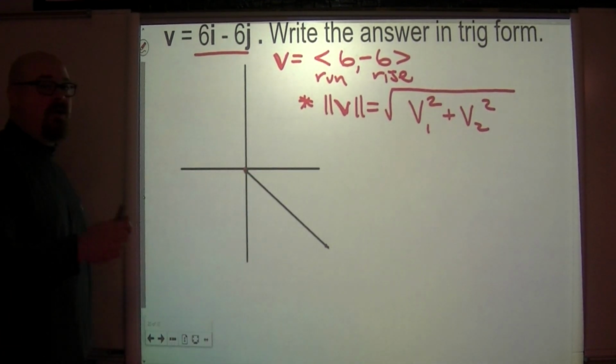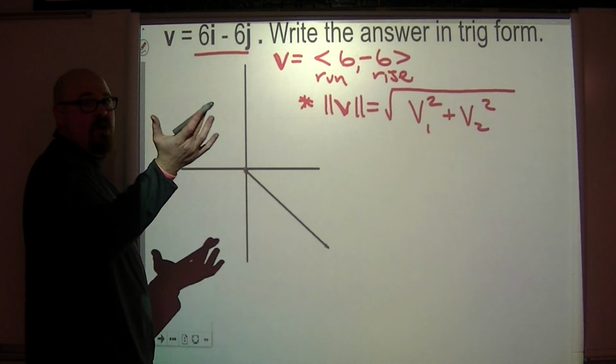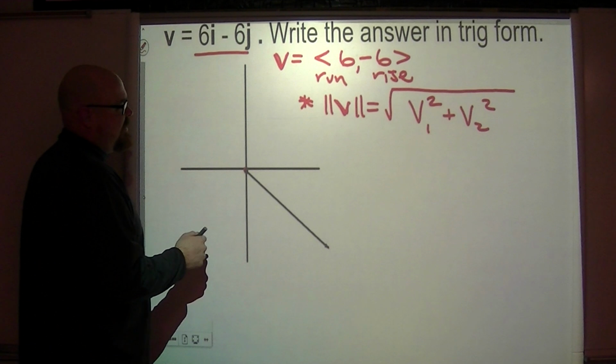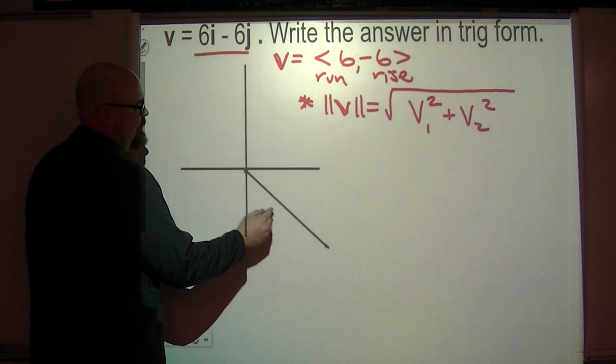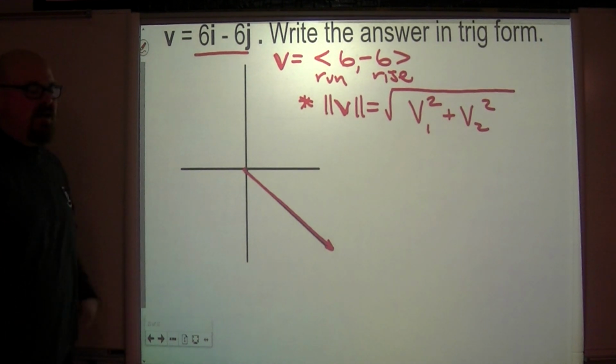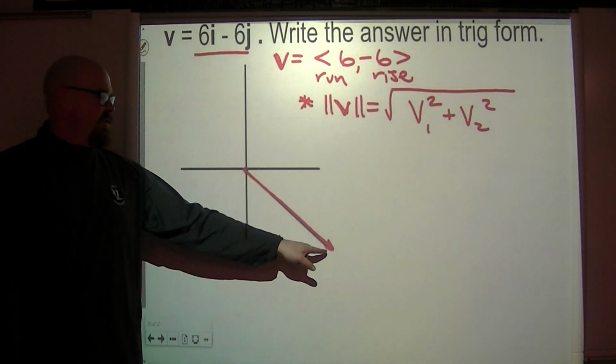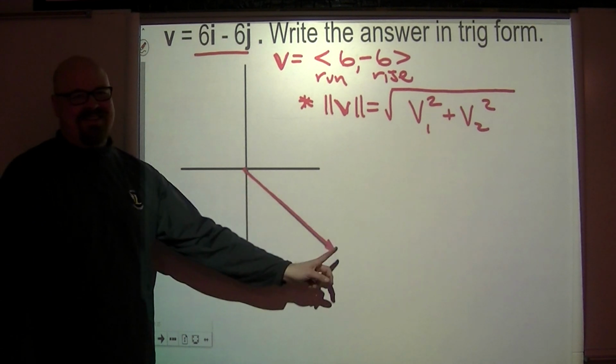I'm going to put something up here that you might not remember, maybe you do, but it's something different to keep things fresh. So magnitude, keep in mind, is the actual length of this vector right here. The arrow is not saying it goes forever and ever. The arrow is saying it stops here. This is the length.